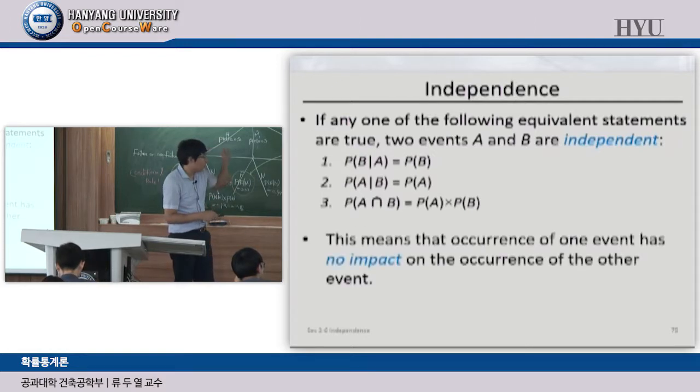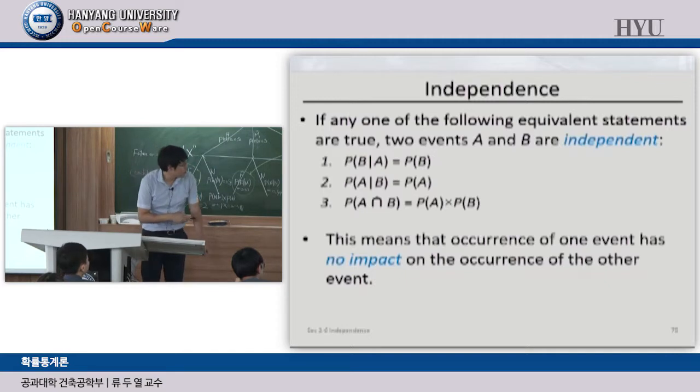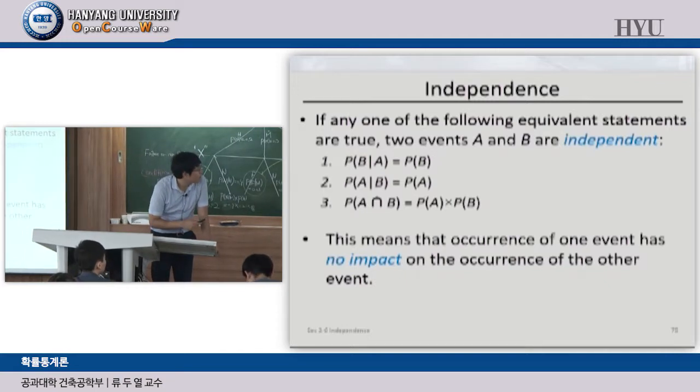So this means that the occurrence of one event has no impact on the occurrence of the other event. Okay? So that is the definition of independence.